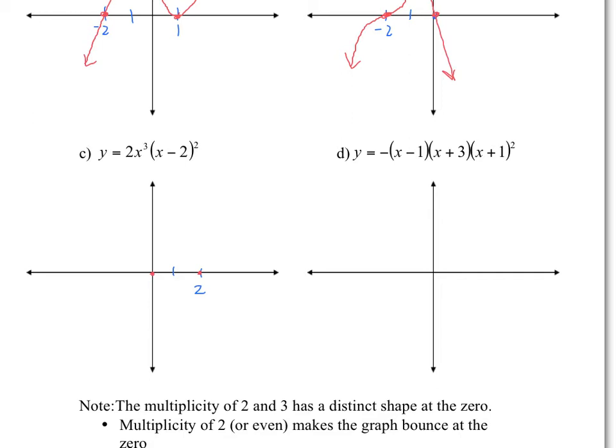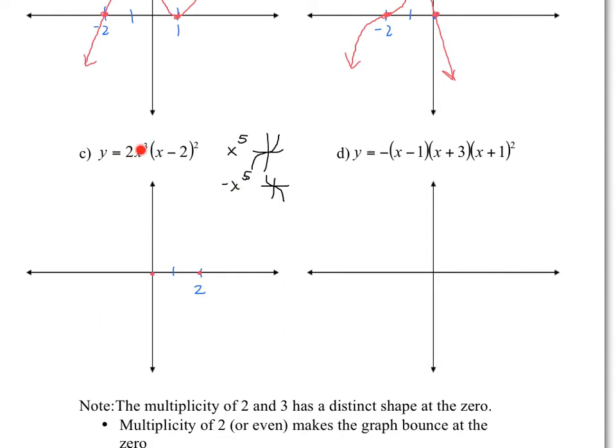So an x^5 function will look like this if it's positive, and like this if it was negative. In our case, it's positive because the coefficient is positive, so we're going to have a finish and a start over here.